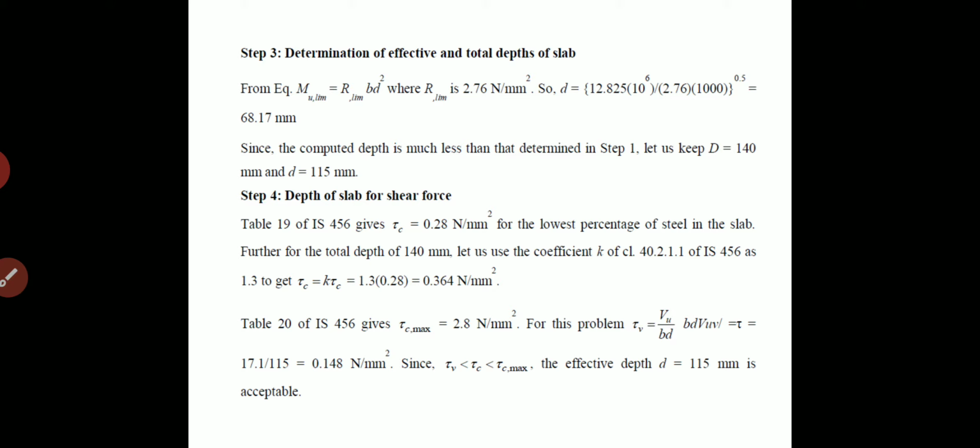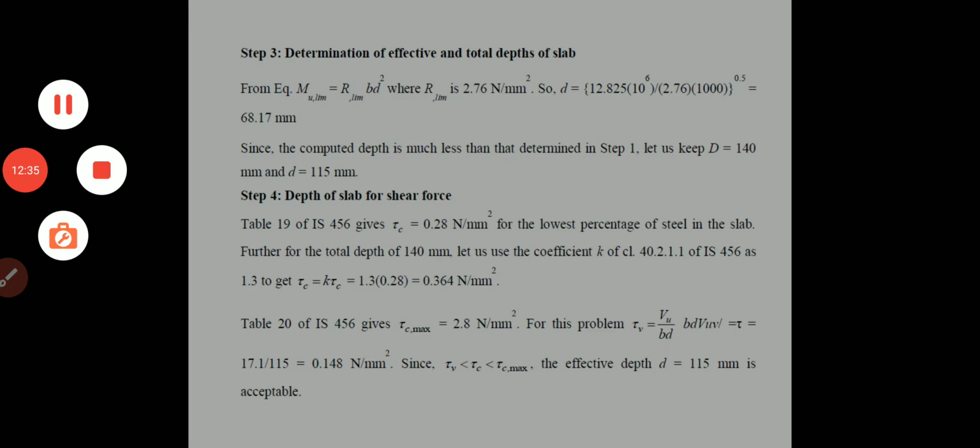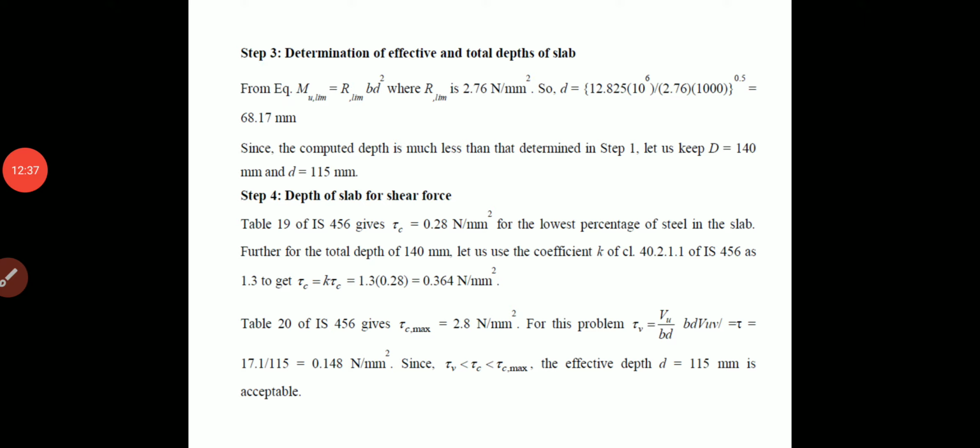Next, step 4, depth of slab for shear force. Table 19 of Indian Standard 456/2000 gives tau c equal to 0.28 Newton per mm square.